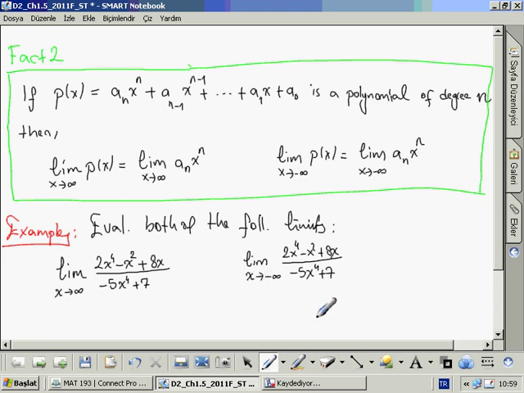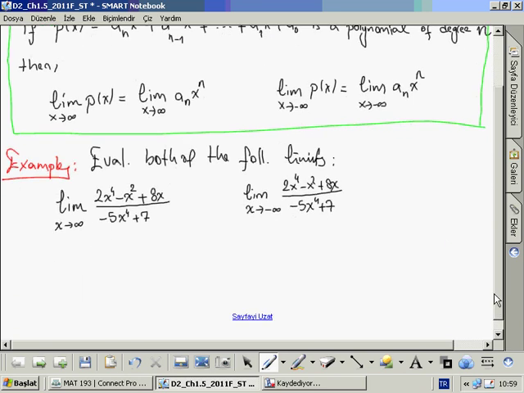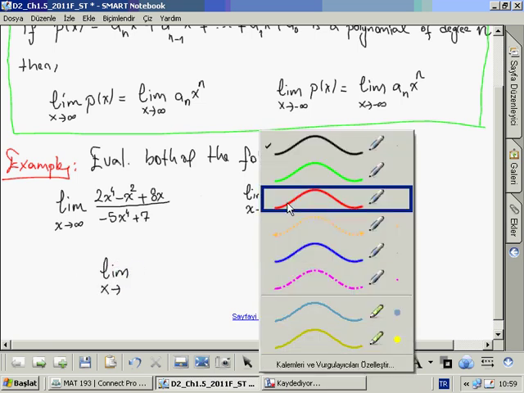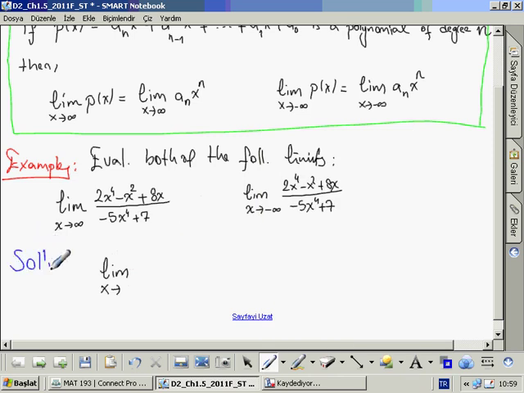Doing this gives us, let me write it, solution: the limit as x goes to infinity of 2x to the 4 minus x squared plus 8x over minus 5x to the power of 4 plus 7 is equal to infinity over minus infinity, and this is yet another indeterminate form, okay?